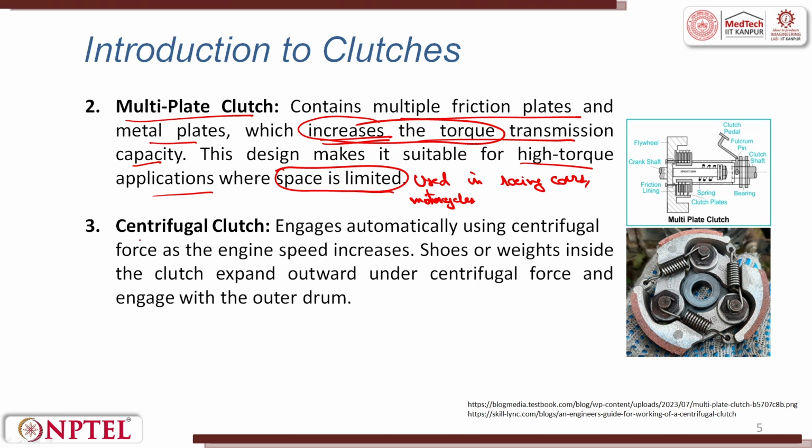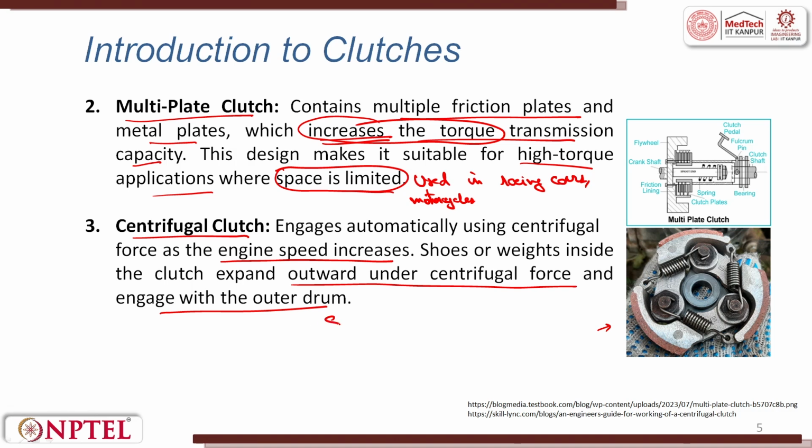Then comes the centrifugal clutch. This engages automatically using centrifugal force as the engine speed increases. Shoes or weights inside the clutch expand outward under centrifugal force and engage with the outer drum. So, this is a centrifugal clutch in which shoes, you call it clutch shoe, you call it clutch weight, expand so that they connect a drum and engagement is there.